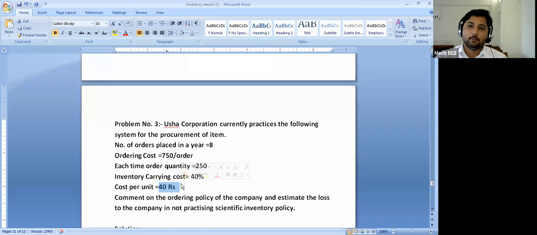Average inventory we calculate as minimum plus maximum divided by 2, that is Q by 2, multiplied by CP multiplied by I, or CH, where CH is CP multiplied by I. By doing that, you can calculate the total annual cost for the current practice, and the cost by using the EOQ, and the difference between them you need to calculate. Getting it? So solve this problem and let me know your answer in the comment box.